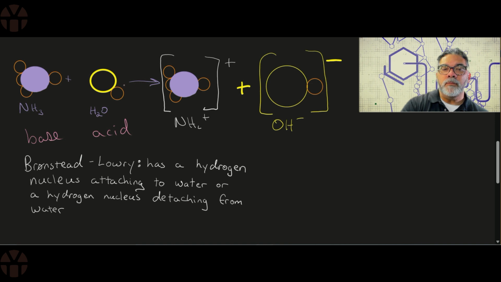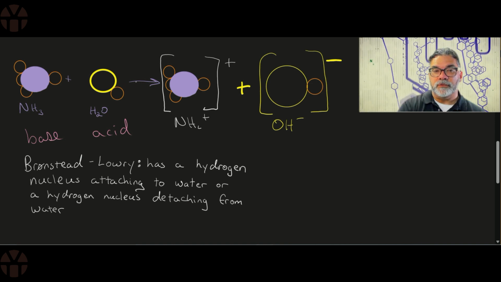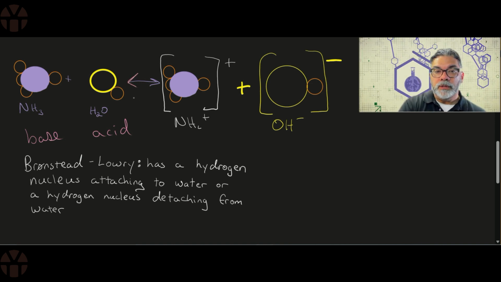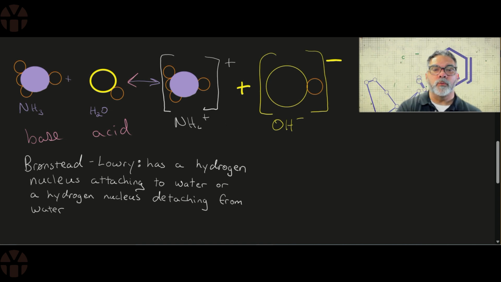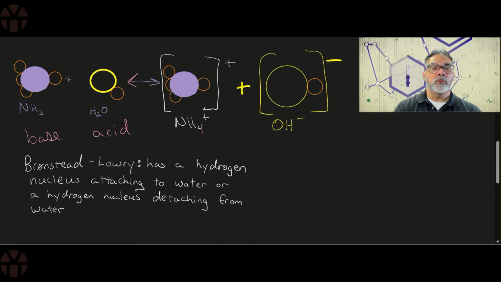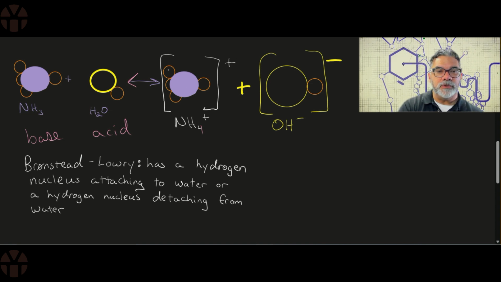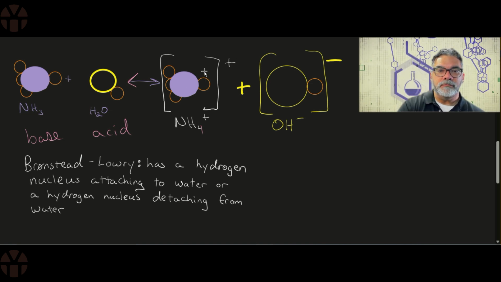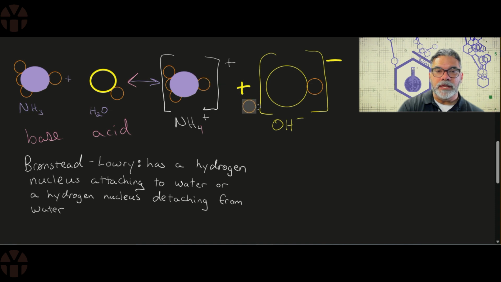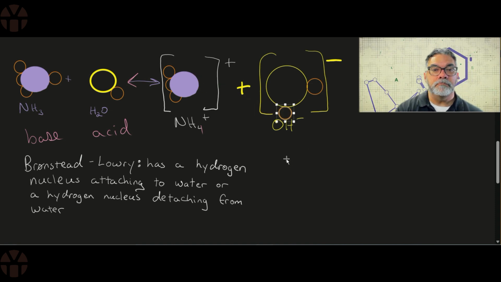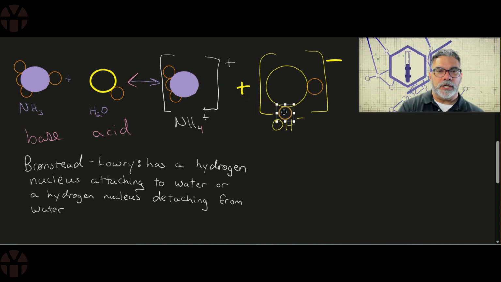Now, the same way that the reaction could have gone from left to right, we now know, according to equilibrium, that we could reverse this reaction. In other words, what would happen if we took it in the opposite direction? Well, then it looks like the ammonium is going to give that hydrogen back to the hydroxide.